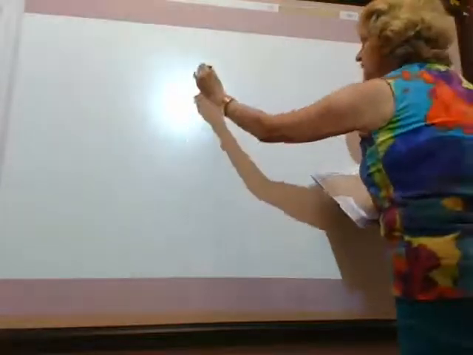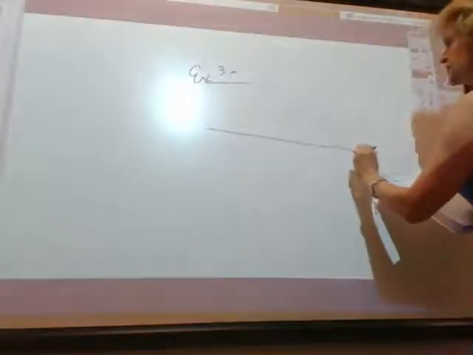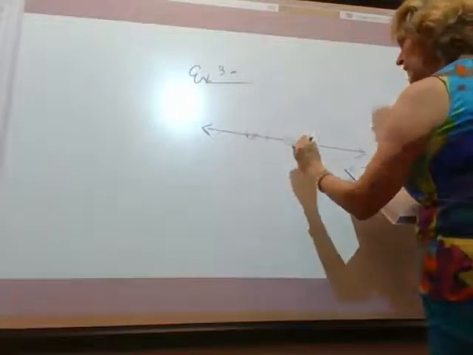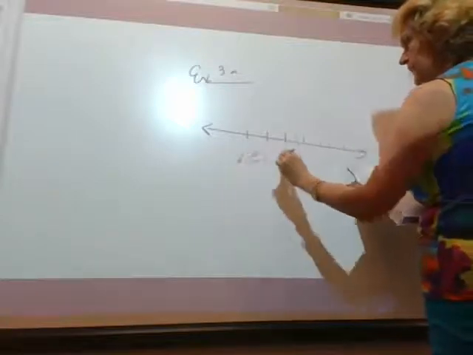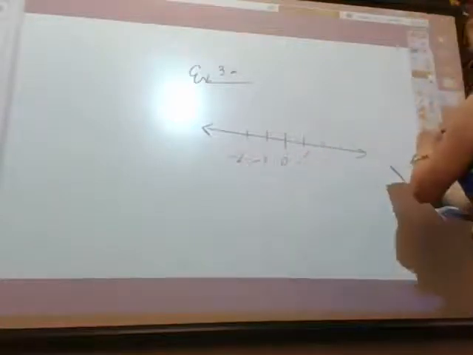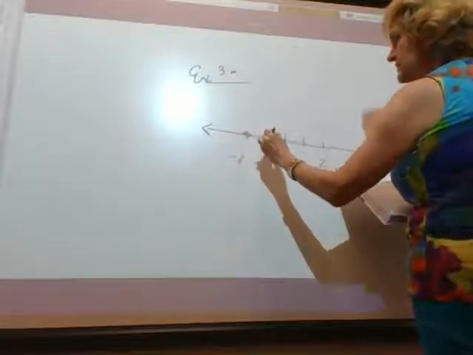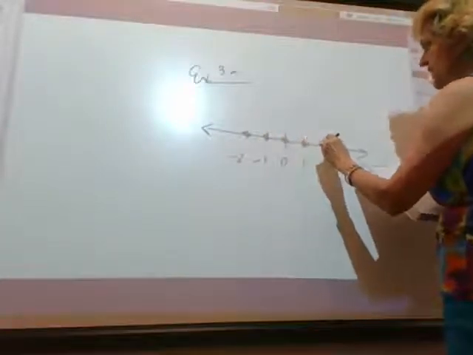All right, so then example 3 says to graph the elements of each set on a number line. So if we're going to graph first of all the set of integers on the number line, boy, I made that really crooked. You might want to show me a few, you don't have to put the plus. And you're going to put dots on a few of them, at least 3. 5 is nice.